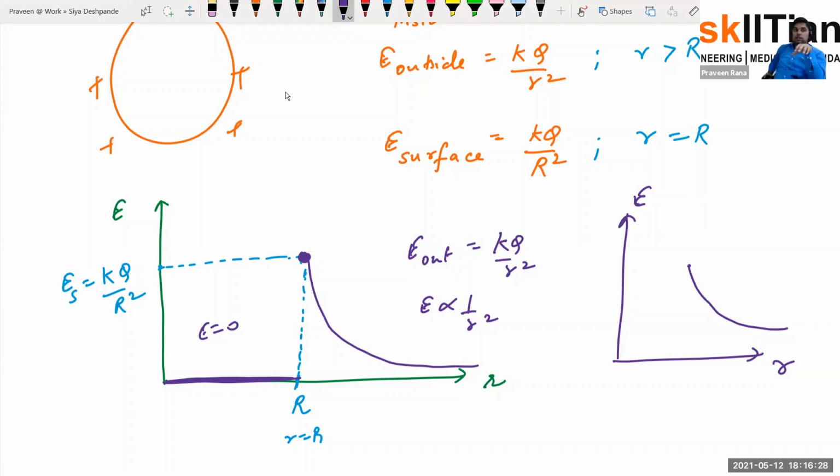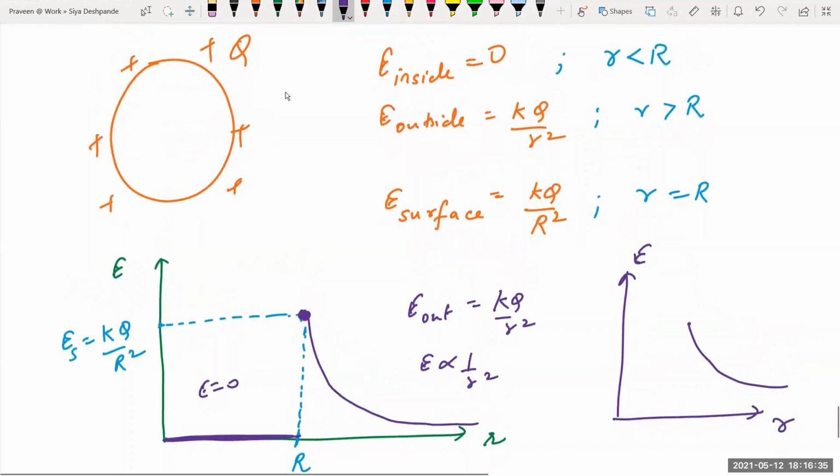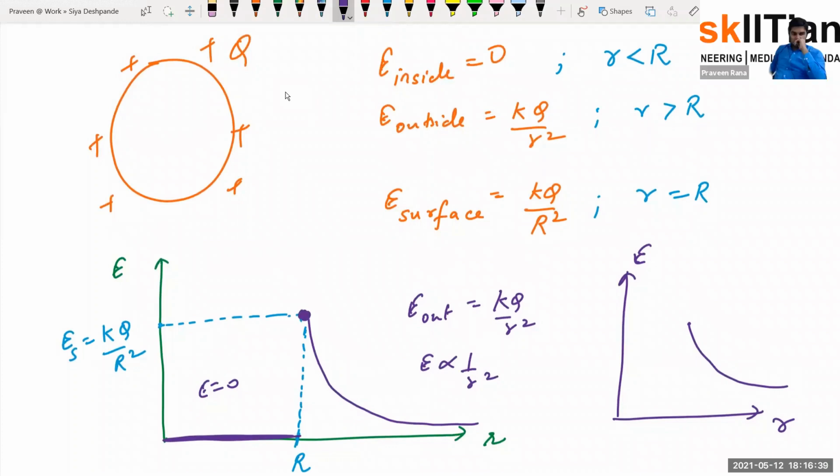So can you remember this graph? Yes, I wrote it down. What happens to the graph if the charge taken is negative instead of positive?